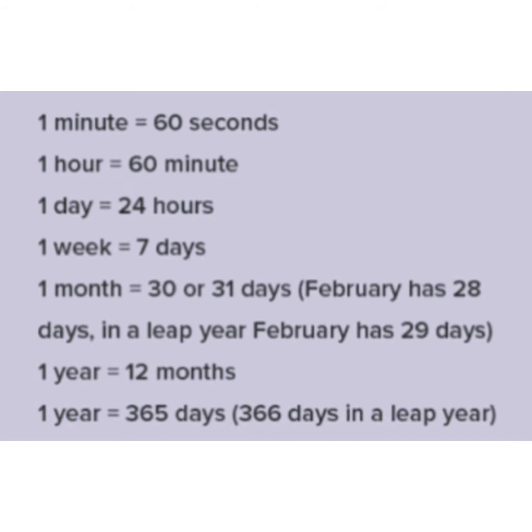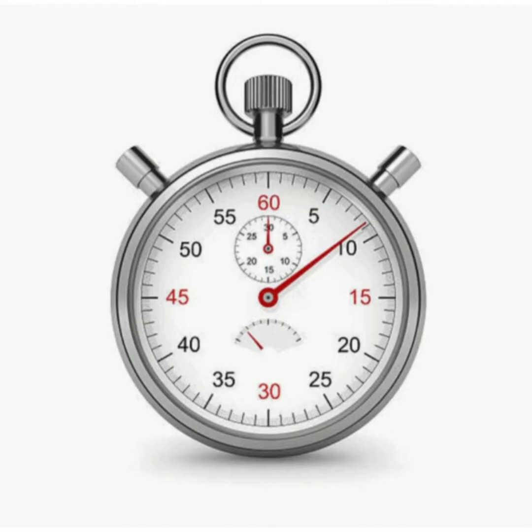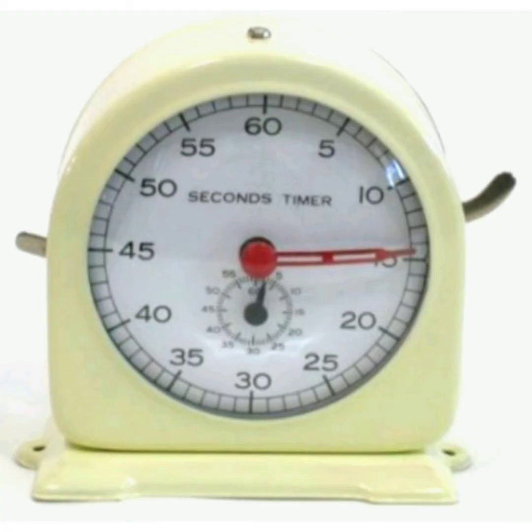Next topic is instruments used to measure time. Today, the usual measuring instruments for time are clocks and watches. Stopwatches are also used to measure the exact time between the start and stop of an event, like a sports race and a laboratory experiment.